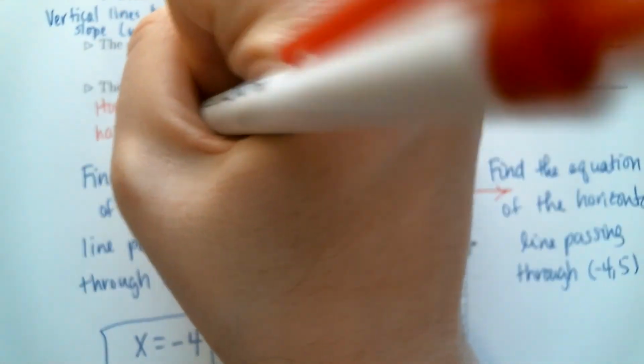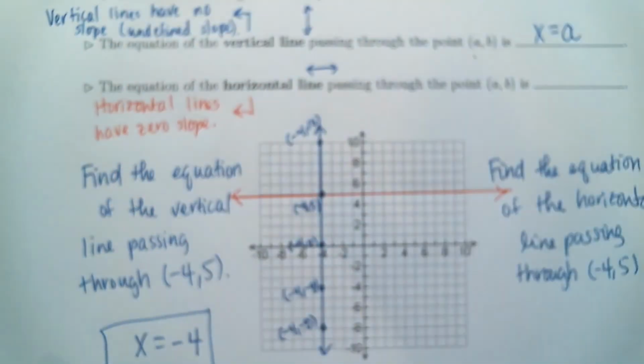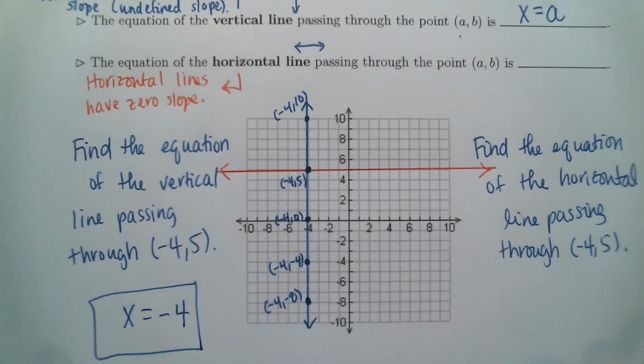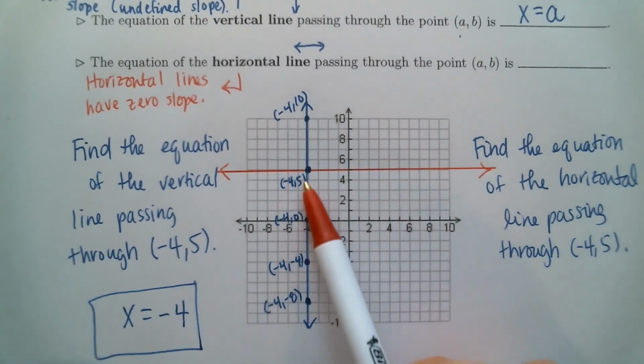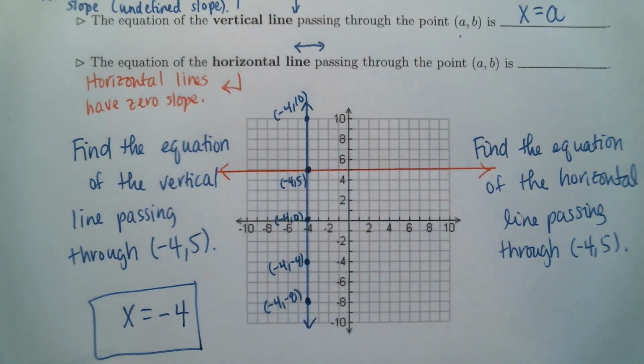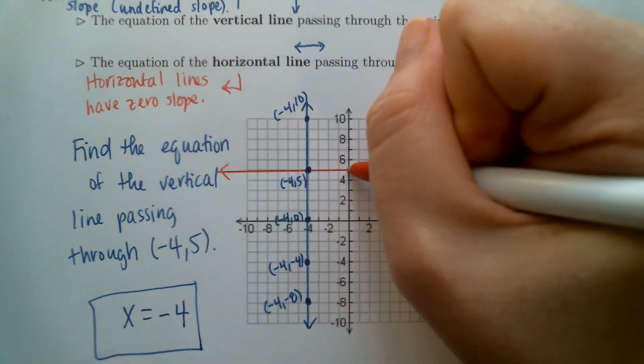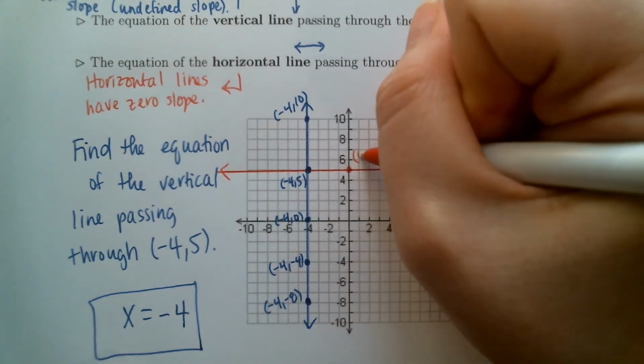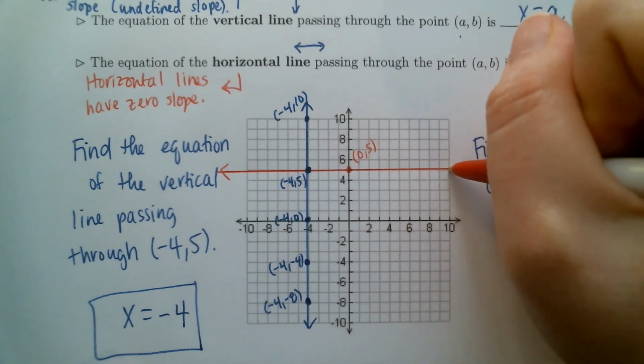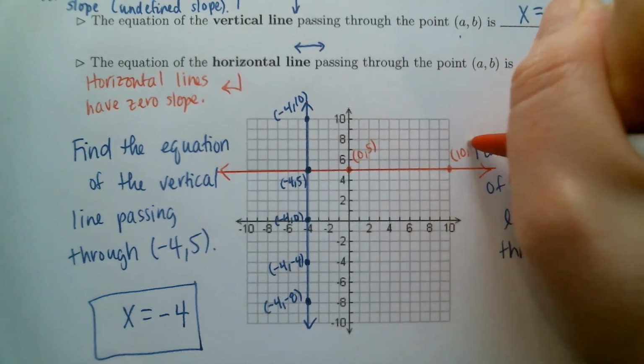So this little method that we did for vertical lines will also work for horizontal lines. The line we're interested in, this red line, goes through the point -4, 5. Pick random points on the red line. This is the point 0, 5. This is the point 10, 5.